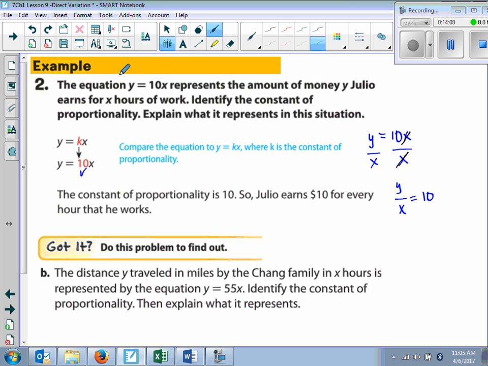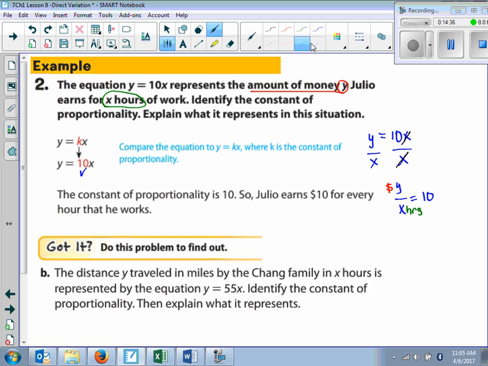Now it asks, what does the y value represent? The amount of money, so this is going to be dollars, and the x value represents the hours of work, so this is going to be over x hours.